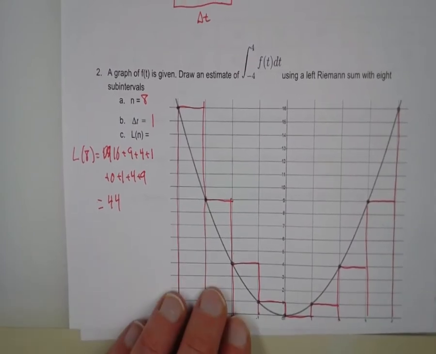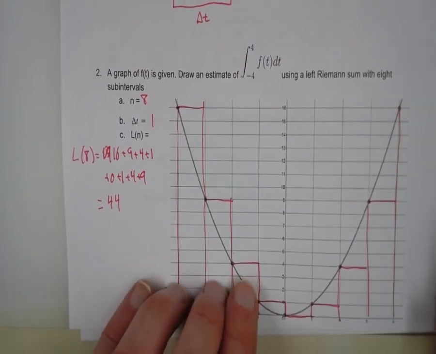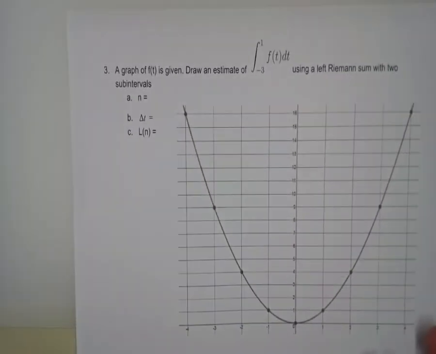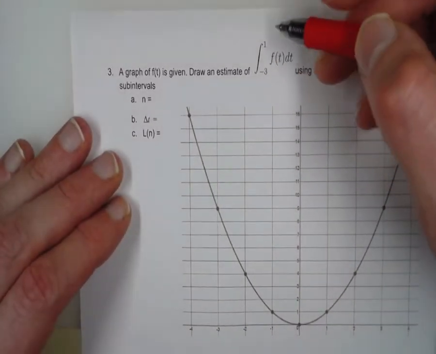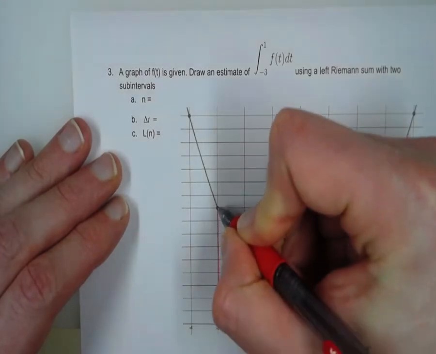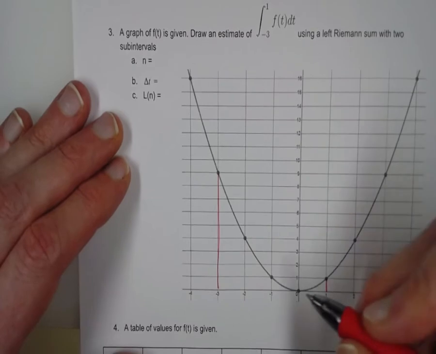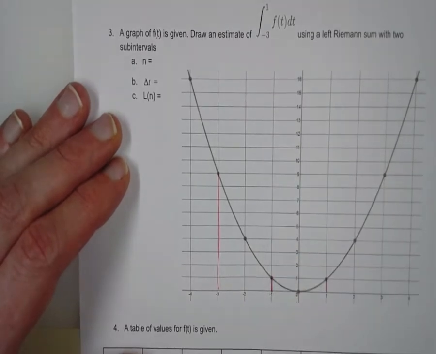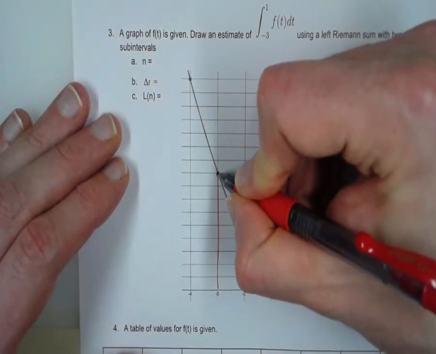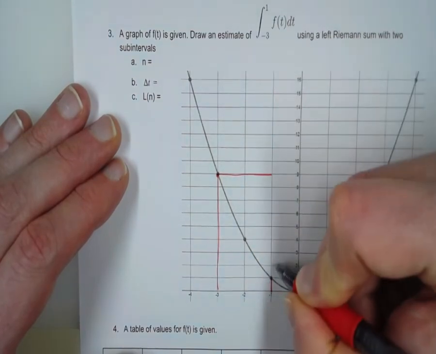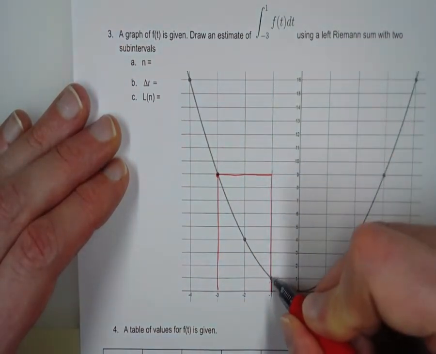So that is our left Riemann sum approximation when we have 8 subintervals. Now the next one, we want to approximate the integral from -3 to +1, and we want to use 2 subintervals. So we're going to break it right there. And since we're using the left-hand side, that defines the height for the whole interval.